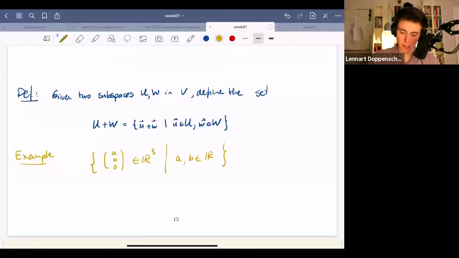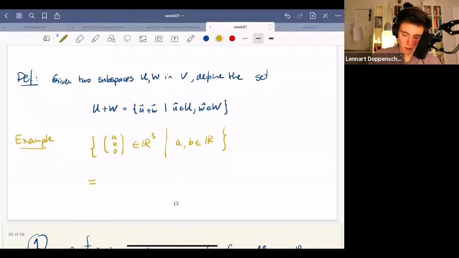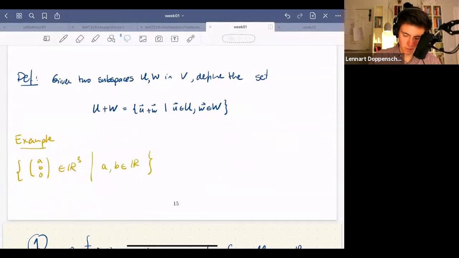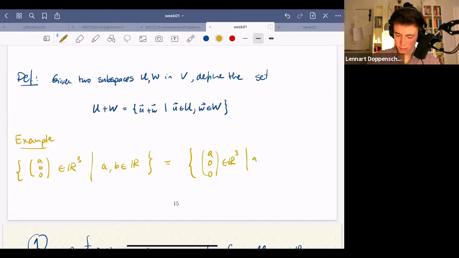This might be written as a sum of a vector with just the first entry non-zero, where of course a is in R.